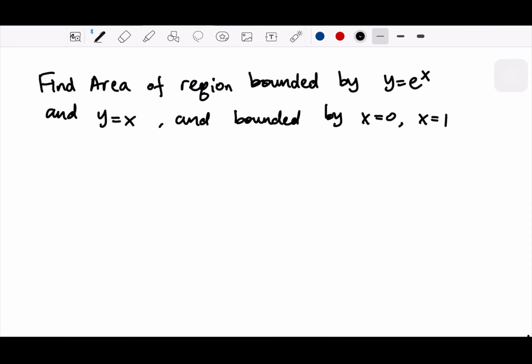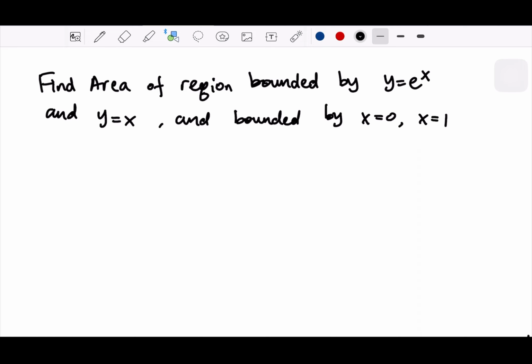So when x equals 1, y equals 1, and this one will be y equals e. So e is higher. I think that's already pretty convincing, right? Or when x is 0, e to the x is 1, so it's also higher. That e to the x is higher than x.